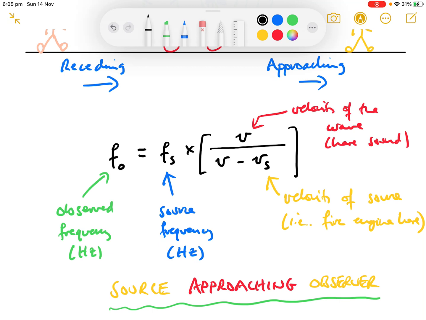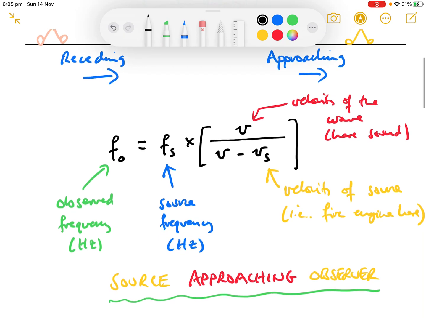In this case that's the fire engine, so that's the fire engine speed Vs for source. In each case the S stands for source and the O is for observer. So we end up with F naught equals Fs into V over V minus Vs. And that is the Doppler equation for a wave source approaching the observer. Notice the minus sign in the denominator.